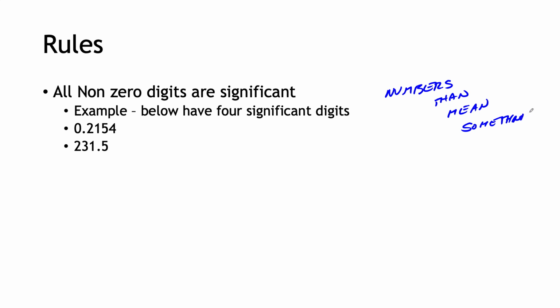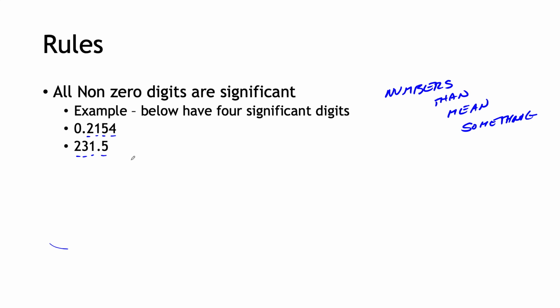You notice that anything from 1 to 9 is significant if we have some data. Here we have an example with 4 significant digits: 1, 2, 3, 4.